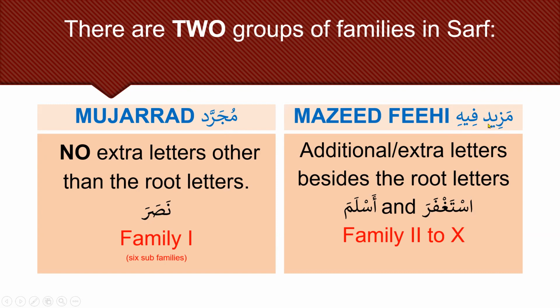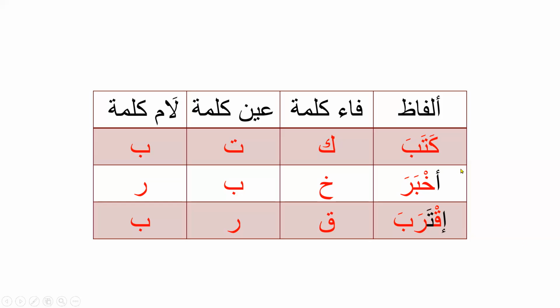So you can see here, this is the Mujarrad family word, and these two words are from the Mazid Fihi family. Alhamdulillah. And you know that learning surf will help us learn about these types of words.